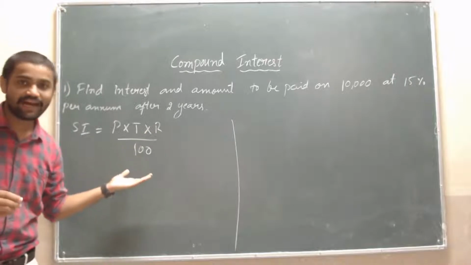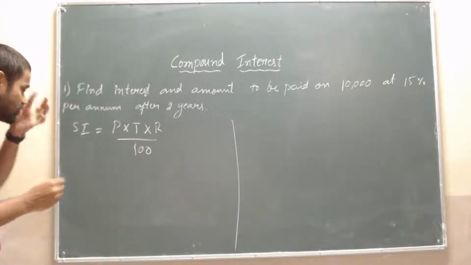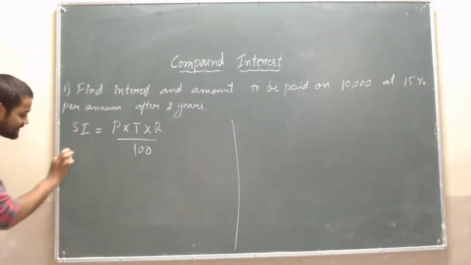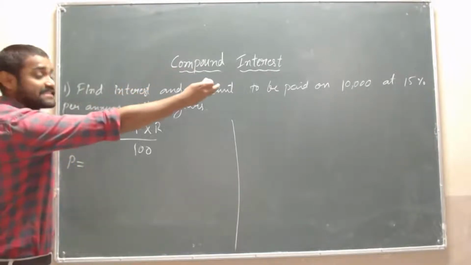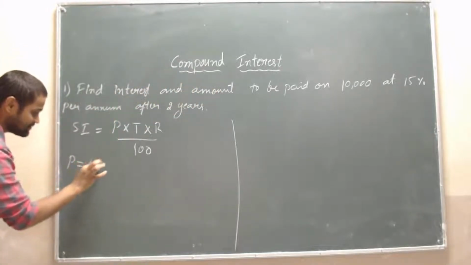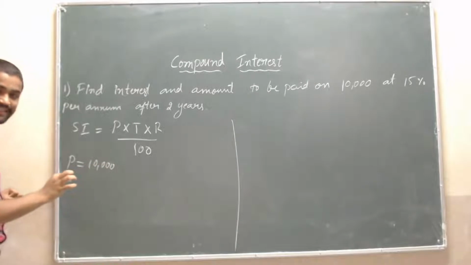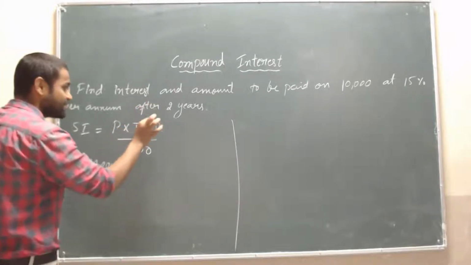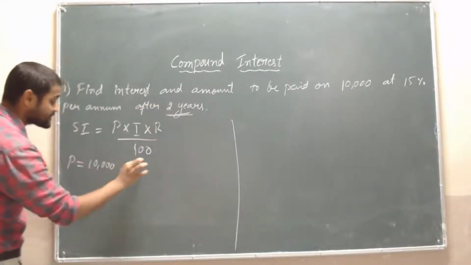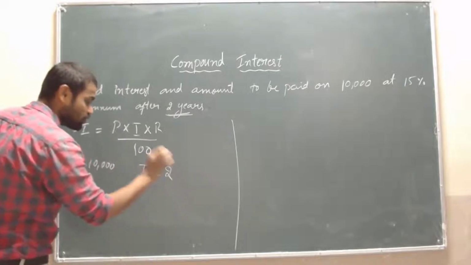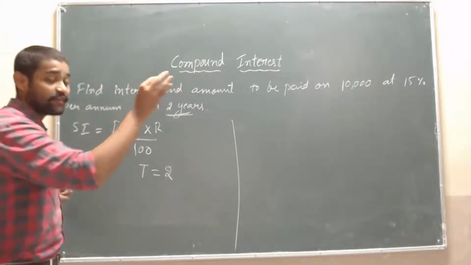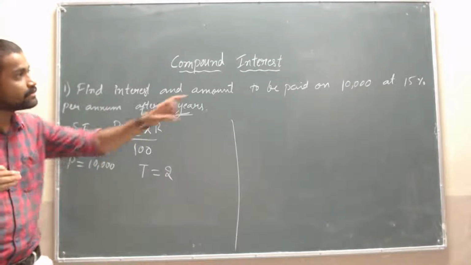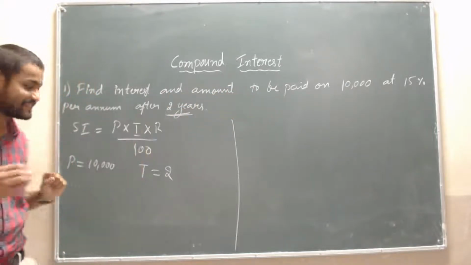Here the given principal amount is 10,000 rupees. Time is 2 years, T is equal to 2 years, and the rate of interest per annum R is equal to 15%.